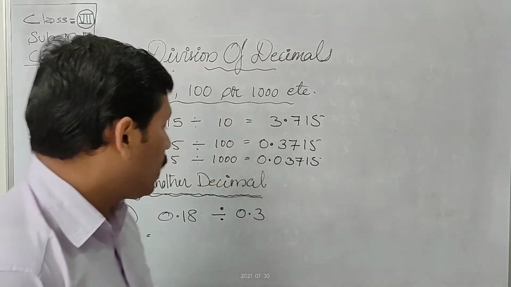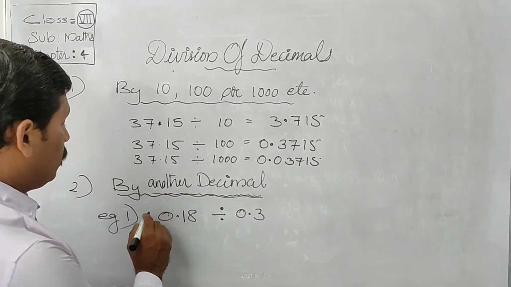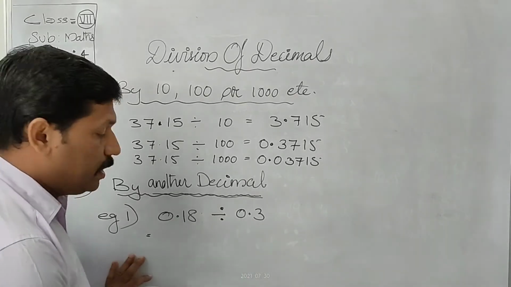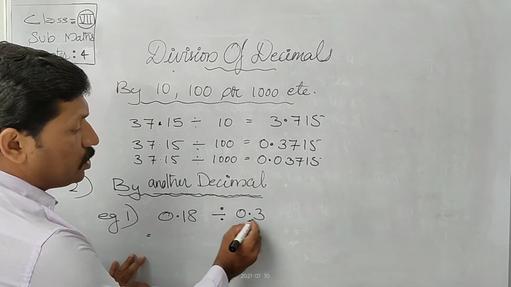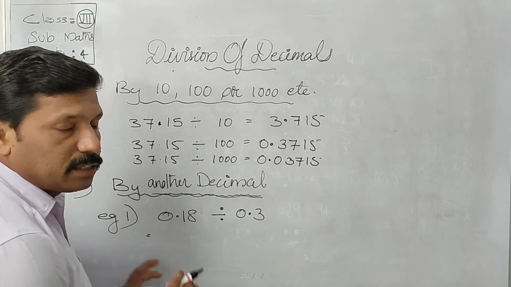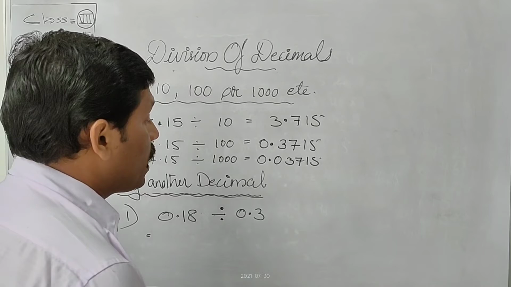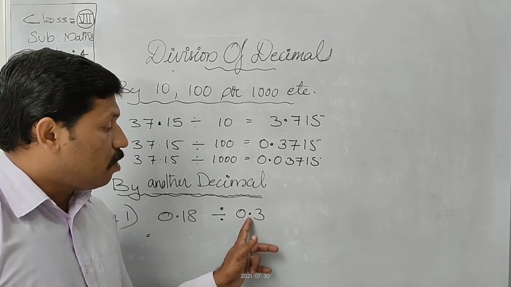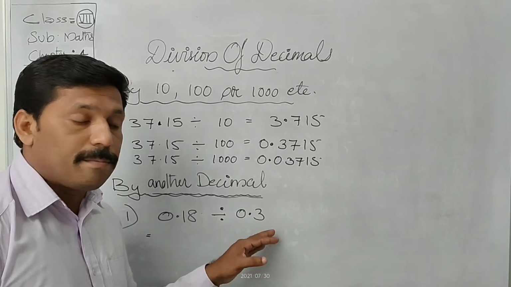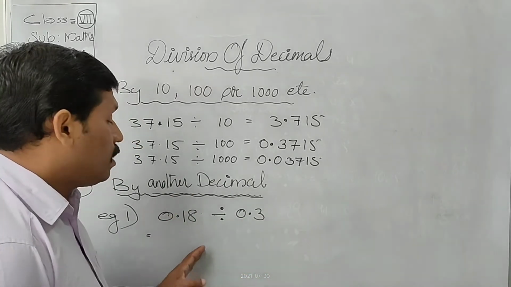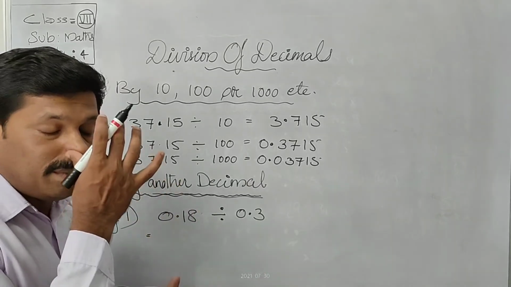Okay. So here, one example I am going to show. 0.18 divided by 0.3. Here, this is the dividend and this is the divisor. First of all, we see the divisor. In the dividend, if there is a decimal, no problem. But the divisor should not carry any decimal places. So here, in the divisor, there is only one decimal place, so we multiply by 10. At that time, here also we have to multiply by 10. Otherwise, the value of both the numbers will be changed.